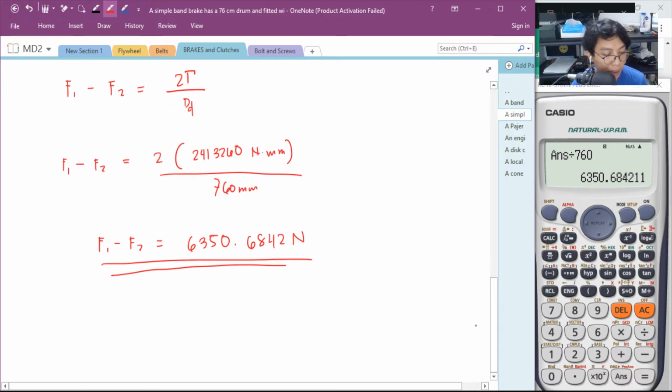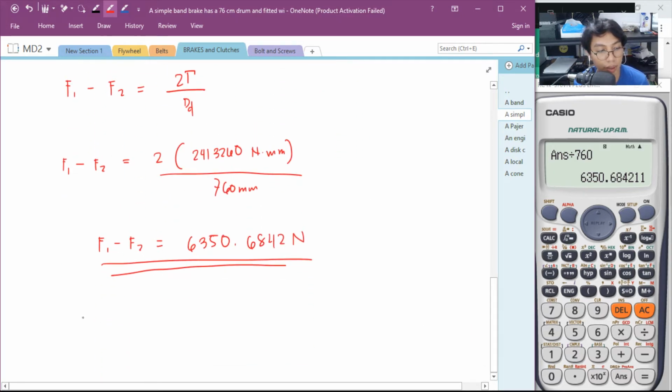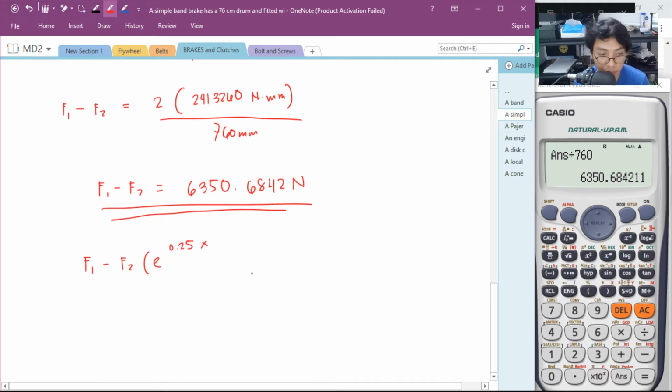What if we find F1? Hanapin natin dito sa equation. So, F1 minus F2 multiplied by e raised to 0.25 times ilang radians yun? 4.2761 equal to 0.